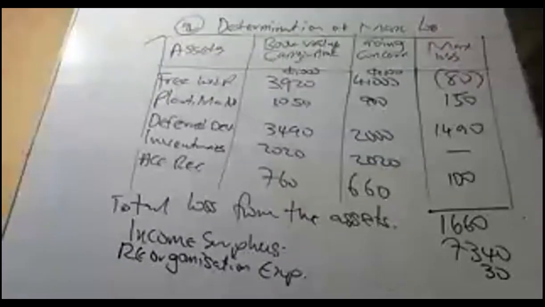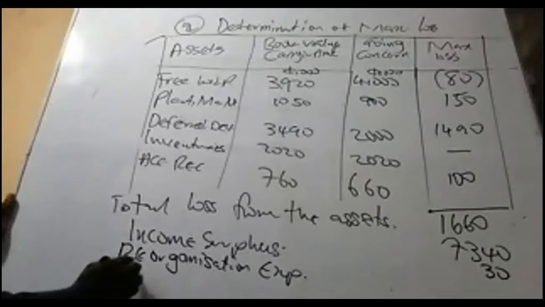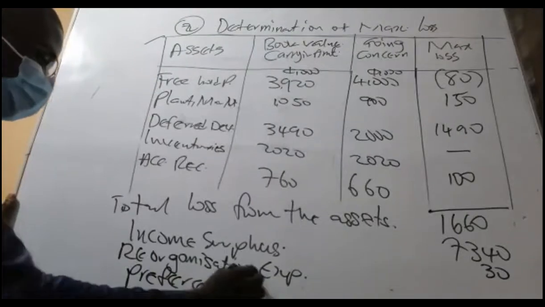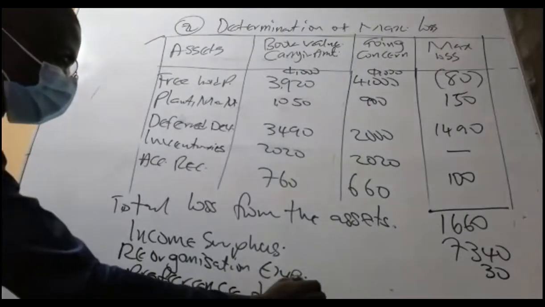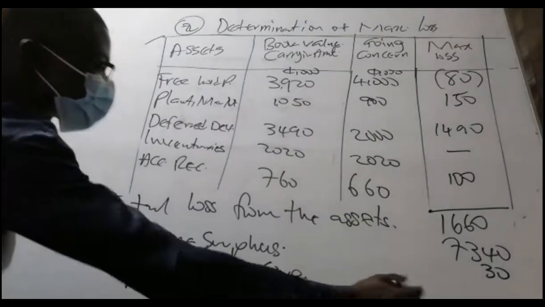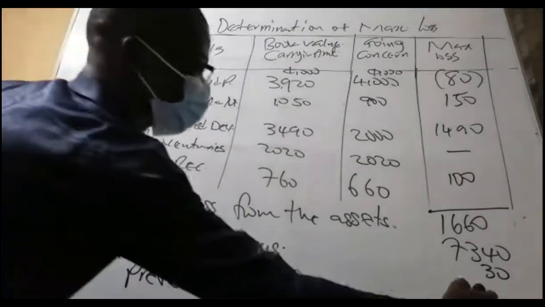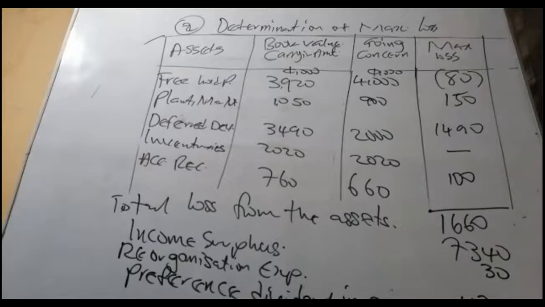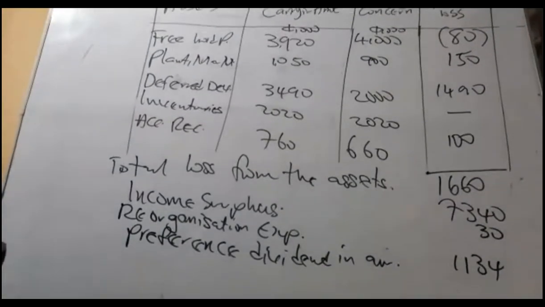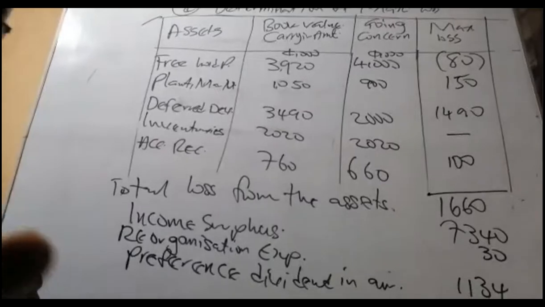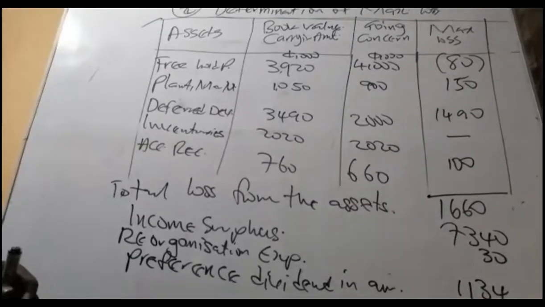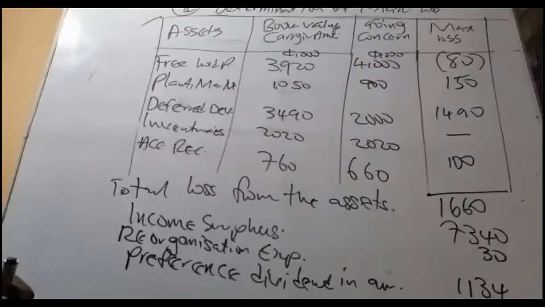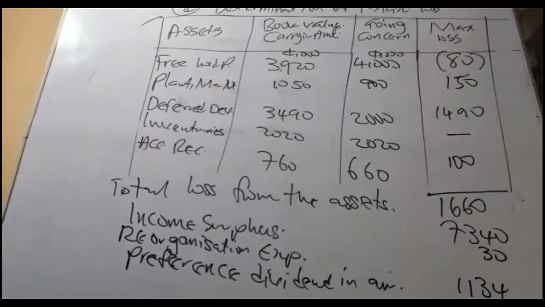Then we had preference dividend in arrears, then we had 1134.